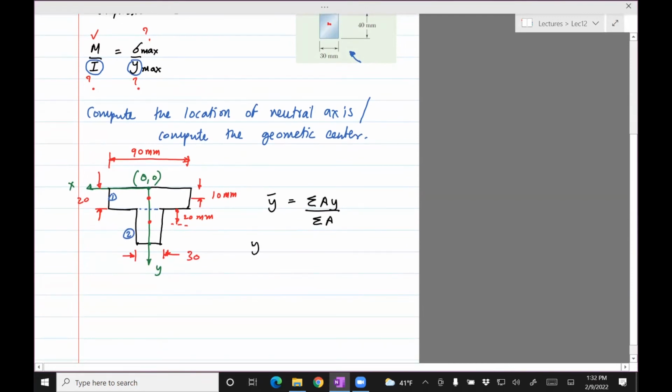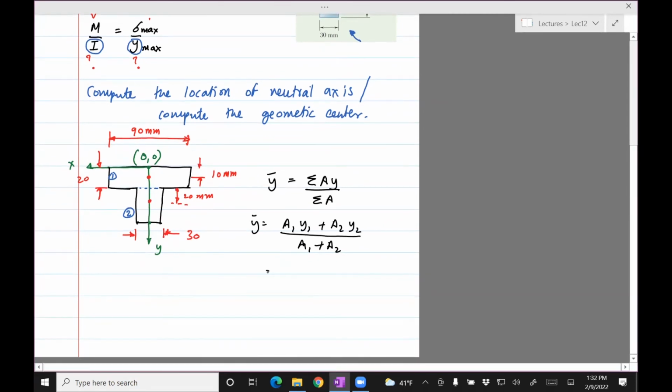Okay, so here we go. y bar equals area 1 times y1 plus area 2 times y2, divided by a1 plus a2, where the ones and twos represent those two rectangles I drew. So let's find the area for the first rectangle.